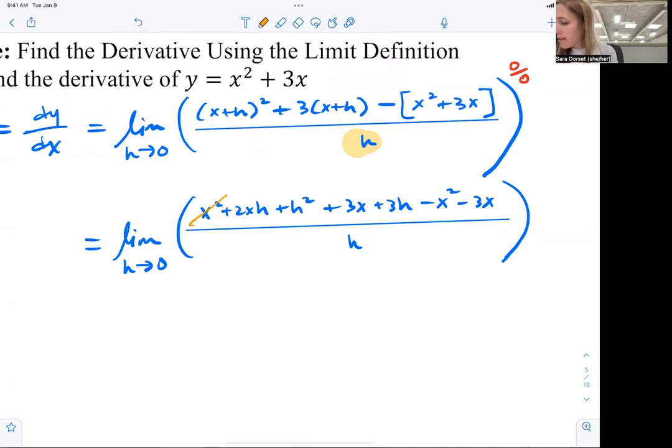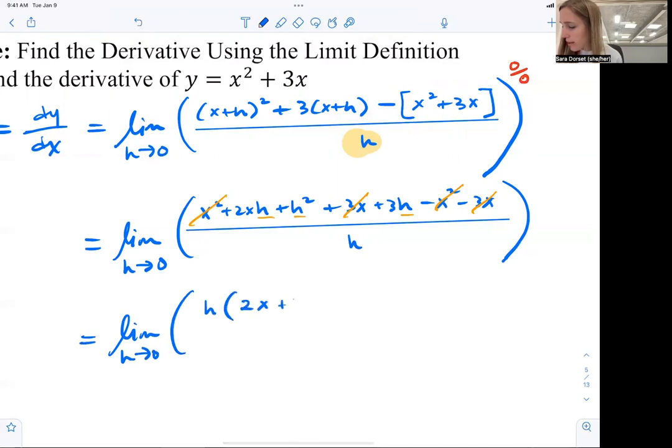Okay, so those x squareds will cancel. The 3x's will cancel. And then notice all the terms that are left in the numerator have an h in them, where we could factor out an h. I'm going to write out that step. We could factor out an h.